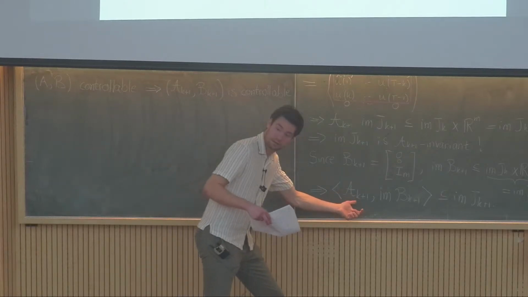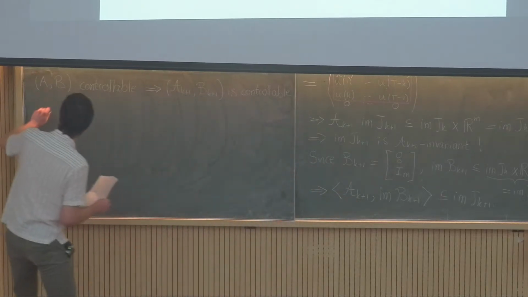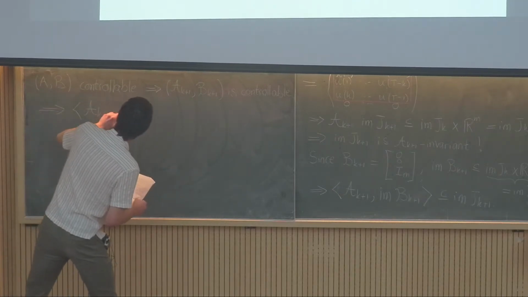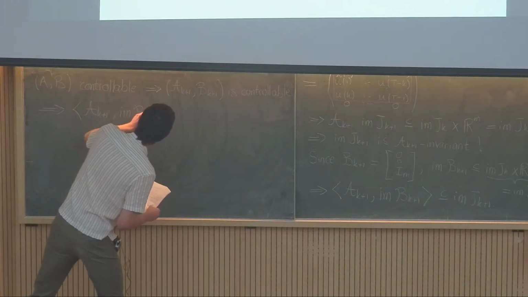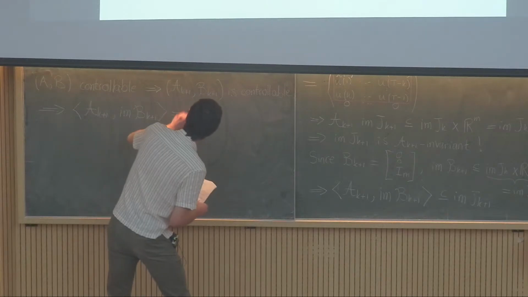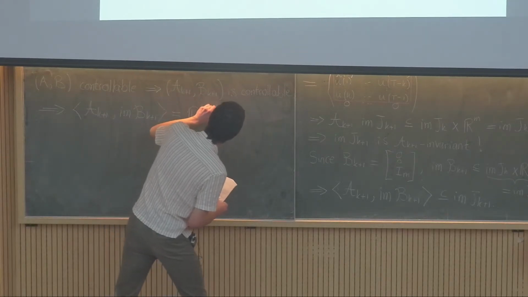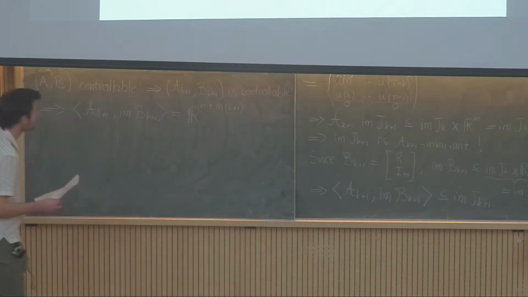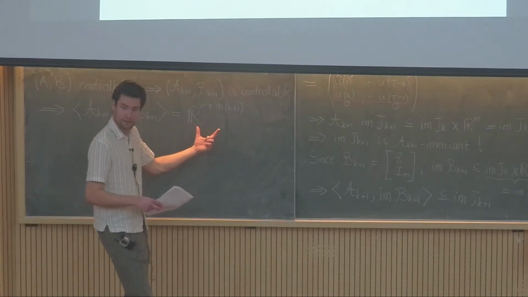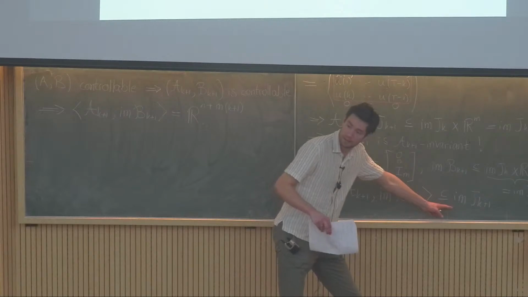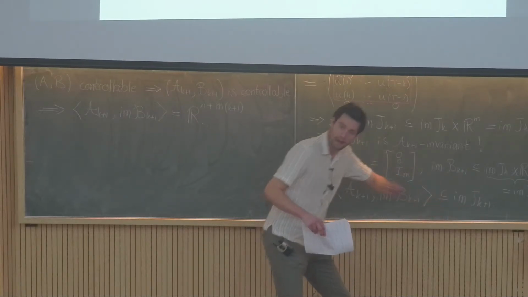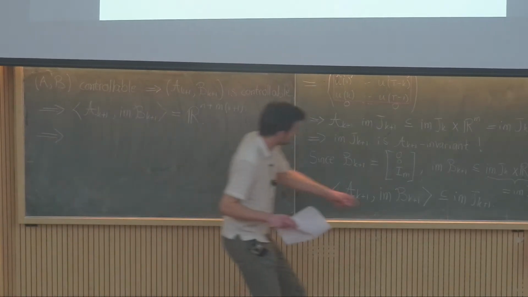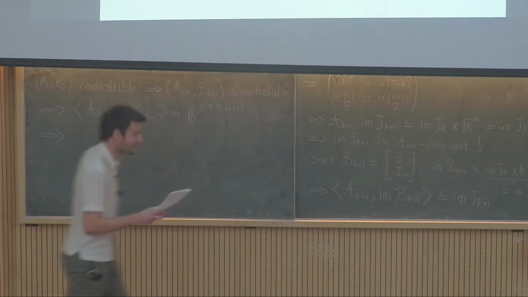So the reachable subspace must be the whole space, obviously. Right, so the reachable subspace of AK plus 1, BK plus 1 is the full space, namely Rn plus m times k plus 1. Which means that the full space must be contained in the image of JK plus 1. Aha. That must imply then that the image of JK plus 1 is the full space.